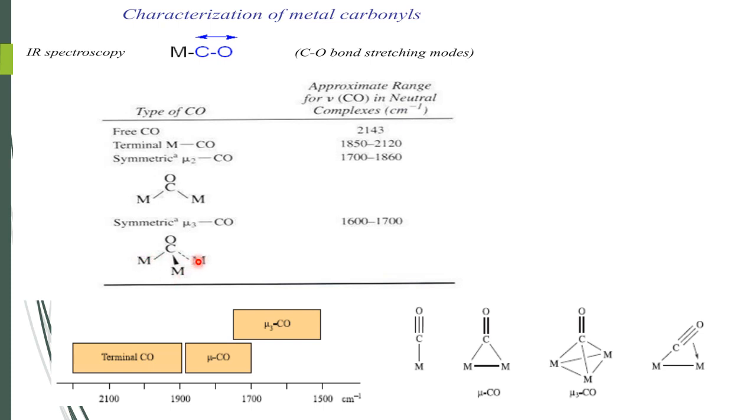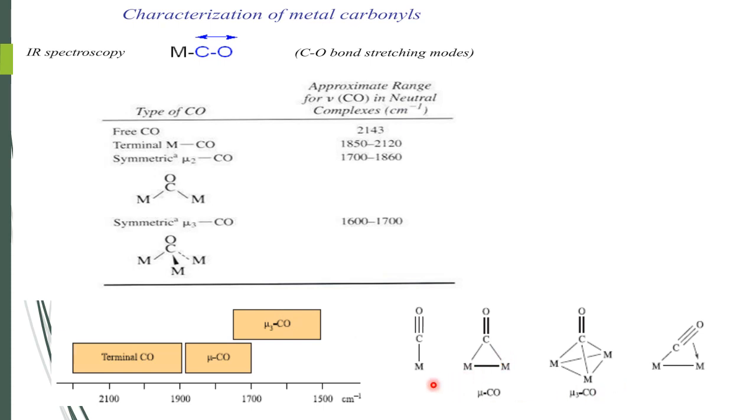Metals act as acids and the ligand acts as a donor of an electron pair, forming bonds with the central metal and decreasing the stretching frequency. Here I have given the ranges for the terminal carbonyl, the bridged carbonyl, and the mu3 carbonyl, which bridges between three metal centers.